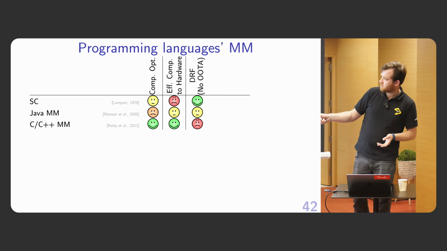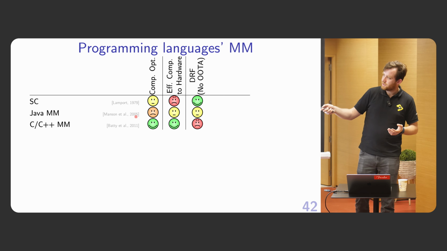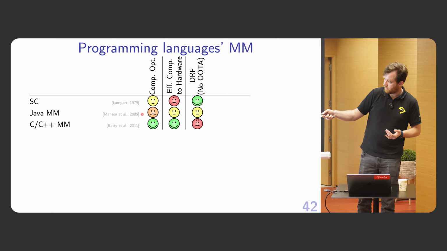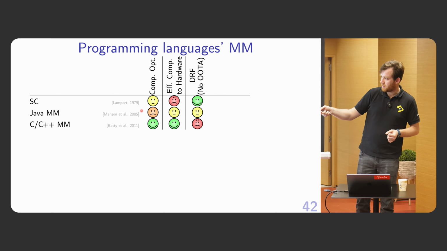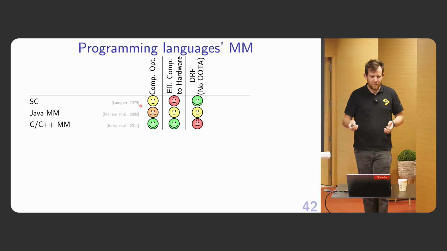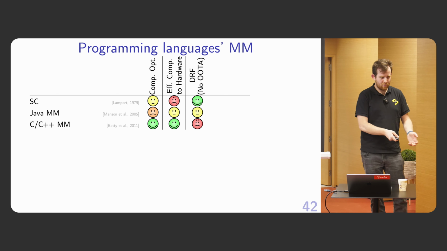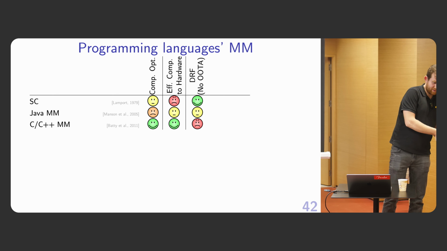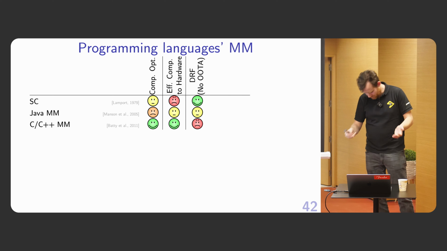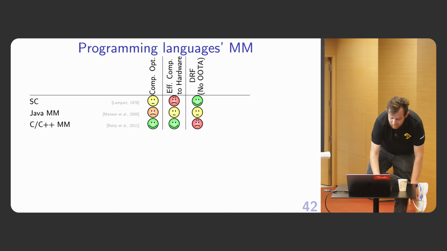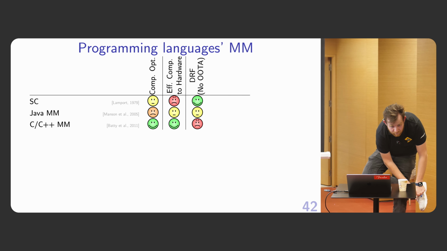For example, the Java memory model paper dates from 2005, and the Java memory model wanted to solve the out-of-thin-air problem. So people were working on out of thin air at least a couple of years before publishing this paper. So it's fair to say that for at least 20 years the research society has worked on this problem, but still there is no definition of out of thin air. There's a bunch of examples, but there is no formal definition.